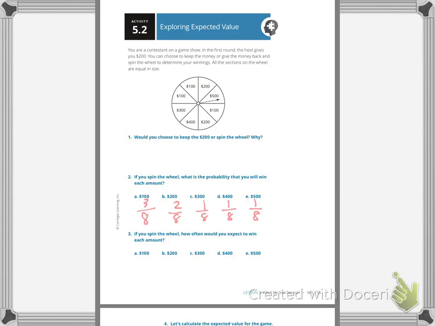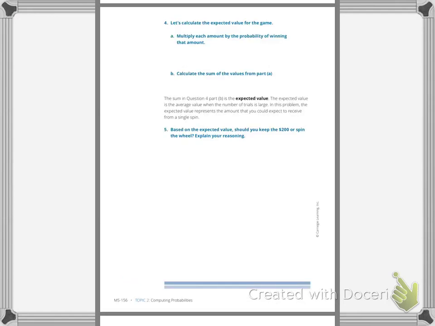So it says if you spin the wheel, how often would you expect to win each amount? Well, 3 out of my 8. So 3 out of 8 times that I spin. 2 out of 8 times. This is 1 out of 8 for these because they're all the same. Okay, so it says, let's calculate the expected value, the value that you would expect if you spun again.